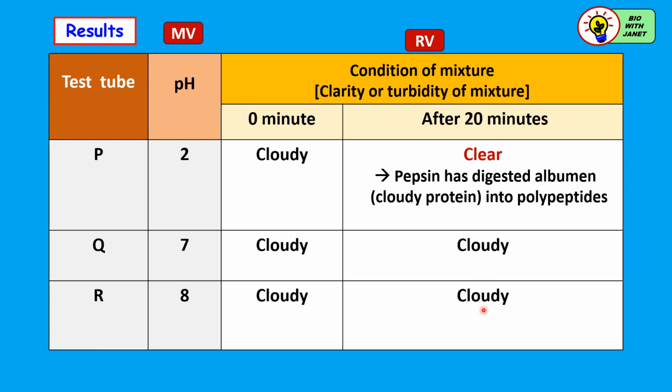Similarly for R, it remains cloudy even after 20 minutes. We know that these two pH, 7 and 8, are not the optimum pH for the most efficient activity of pepsin, whereas pH 2 is the optimum pH for the most efficient reaction of the enzyme pepsin.